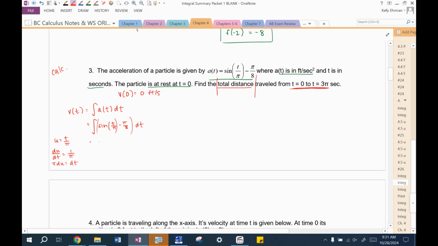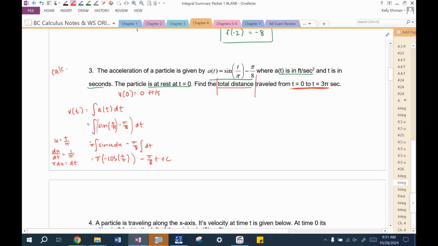So now let's do some substitution here. So we have the integral of sine u du times pi minus pi over 8 integral of dt. I'm going to split it up like that just because I have u sub and not u sub. What's the integral of sine? Negative cosine. And instead of u, I'm going to put in t over pi. And then minus pi over 8, the integral of dt is t plus c.